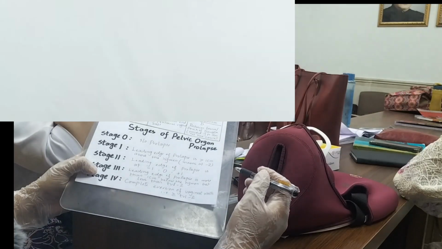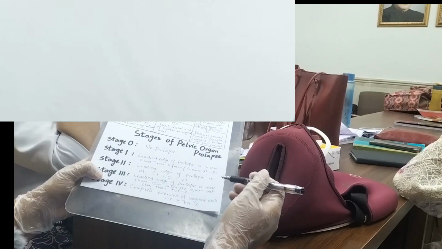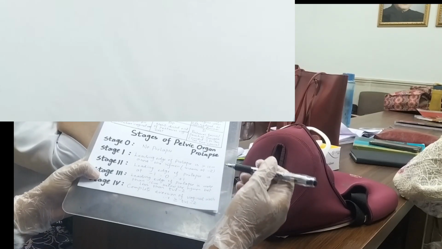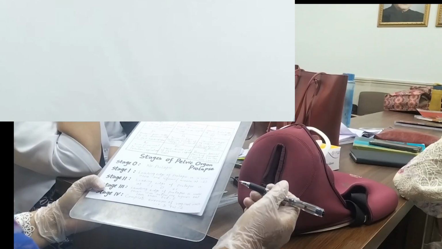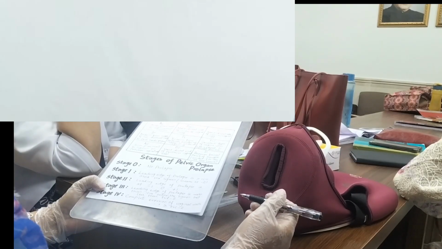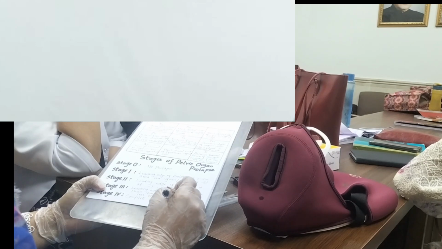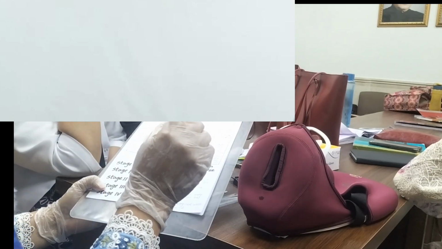Then what is stage 3? If the leading edge of the prolapse is more than 1 centimeter below the hymen, but it is less than total vaginal length minus 2. For example, if the total vaginal length is 8 centimeter, then total vaginal length minus 2 means 6. So it will be less than total vaginal length minus 2.